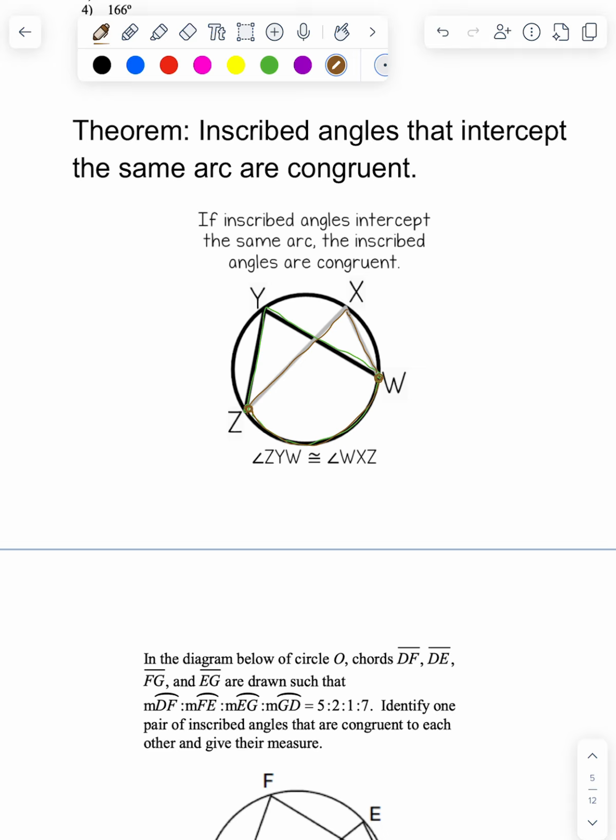Since inscribed angles are half of their intercepted arc, let's say the arc was 100. Since they're both inscribed angles that intercept the 100-degree arc, they would both be half of the arc, so they would both be 50, meaning that they're congruent. So that's a theorem that we have. If we have two inscribed angles that intercept the same arc, they are going to be congruent because they're both going to be half of the same arc.